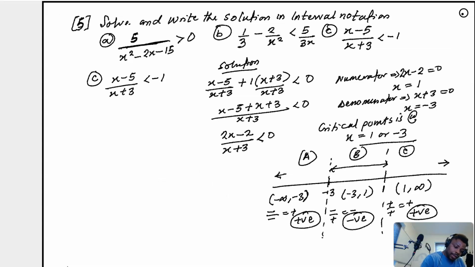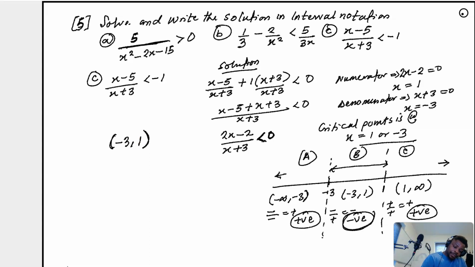Since our inequality is less than 0, you are particular about the negative part of it, which is only this. So that will be minus 3, 1.